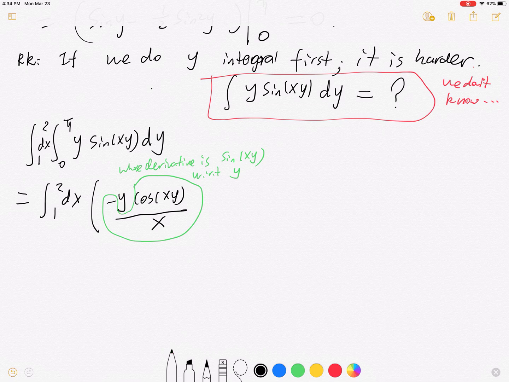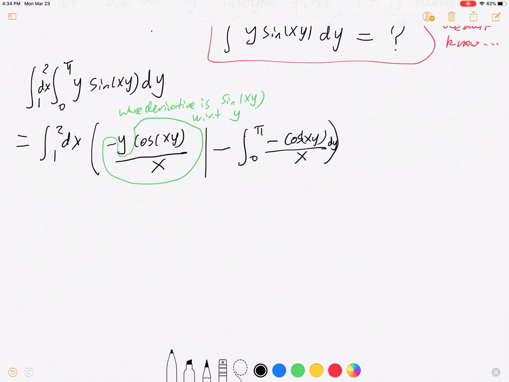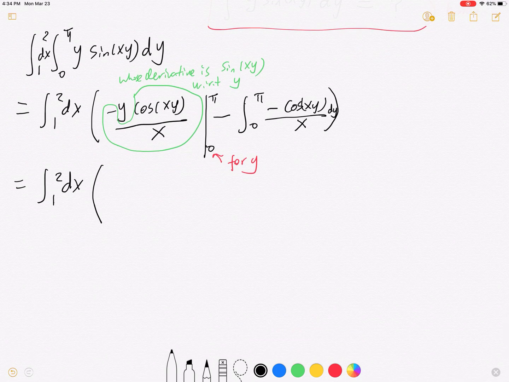Then on this side you will have minus the integral from 0 to pi, and you take the derivative of y, which gives 1, times negative cosine xy divided by x, dy. So here you have 0 to pi, and you plug in for y. If you plug in y equals 0, you have nothing.